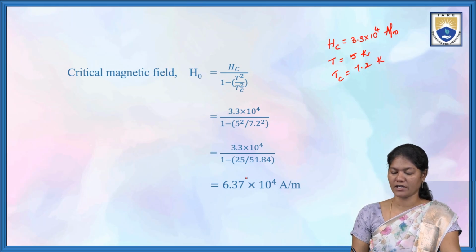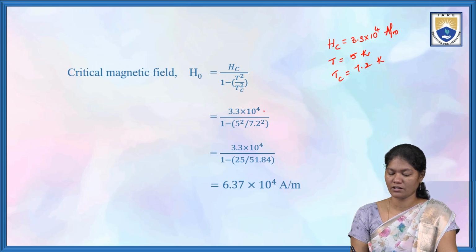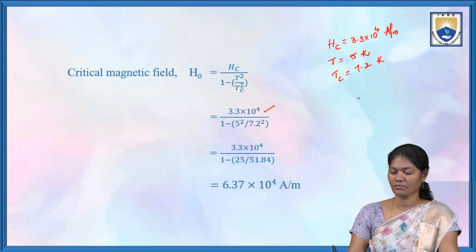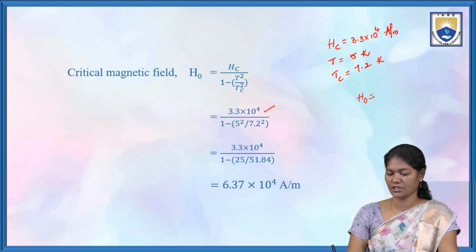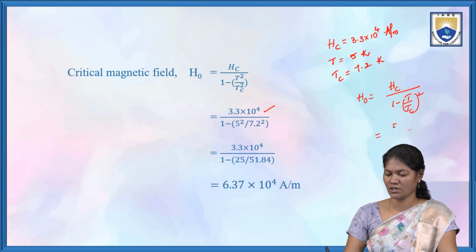So H naught is equal to 3.3 into 10 power 4 divided by (1 minus (5 by 7.2) whole square).